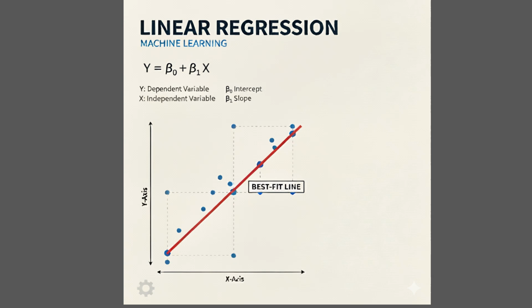For example, for every extra square foot in your house, how much the price increases overall. The second term, beta naught or beta 0, is the intercept. This is the baseline value of y when x is 0. This is a simple concept of a line which we have studied in our school days.